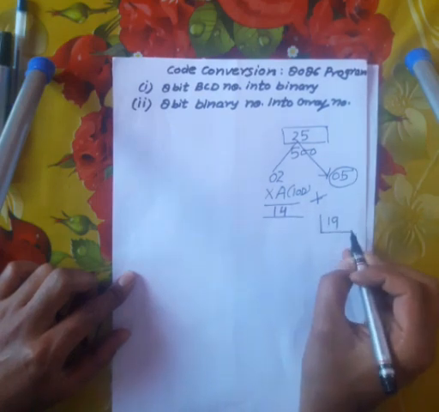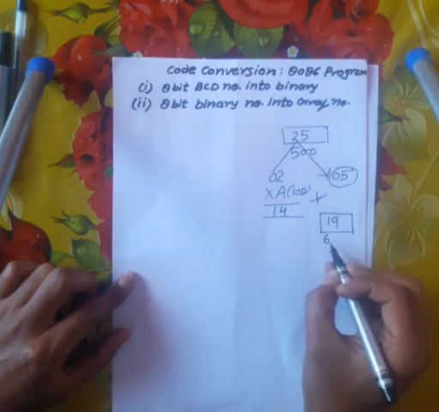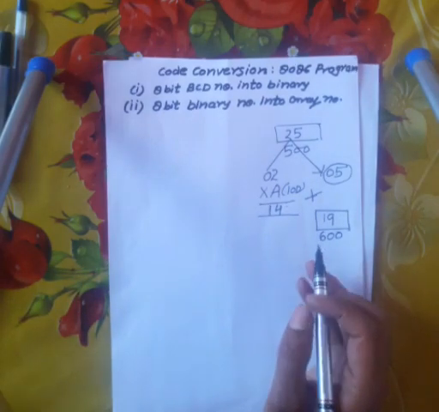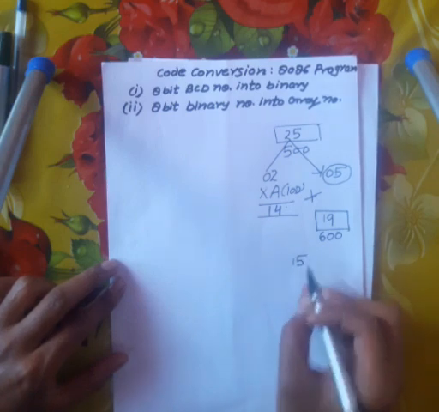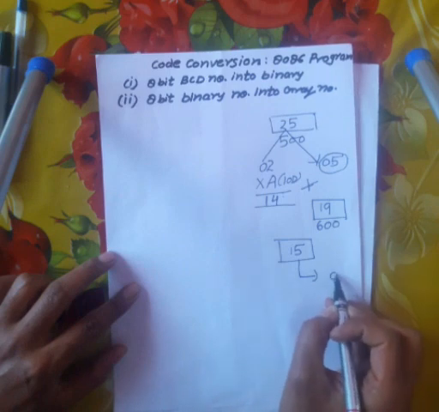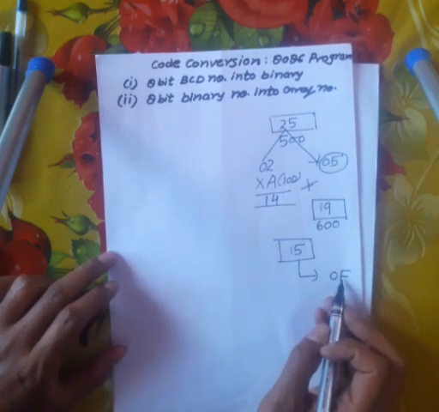Suppose you are storing the result in offset 600. This is your final result. Similarly, suppose you are taking 15. What will be the answer? It will be 0F. You know 15 is nothing, it is 0F.